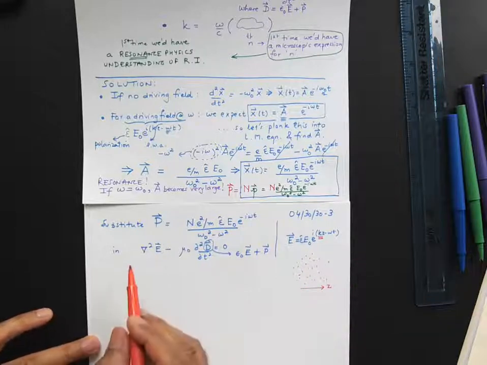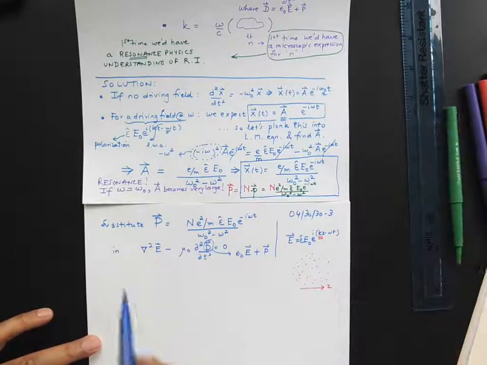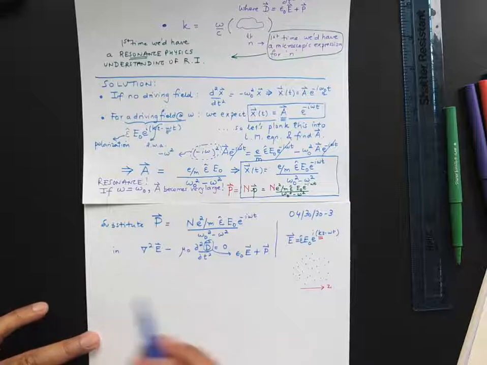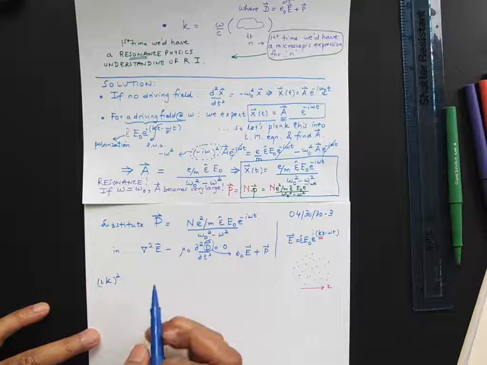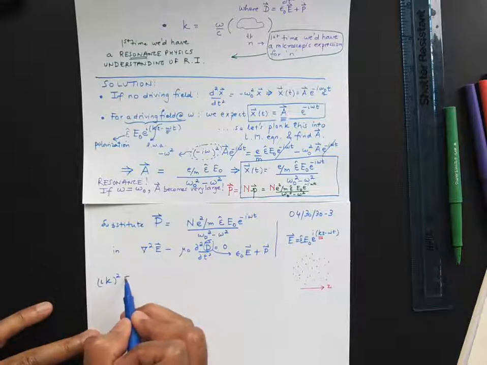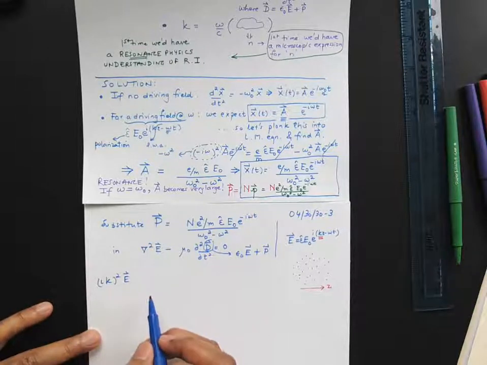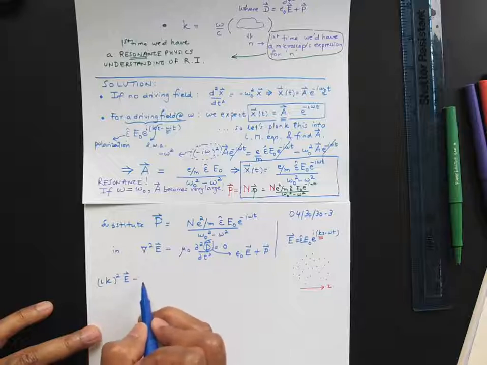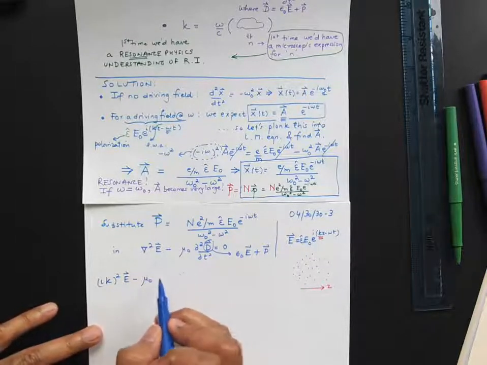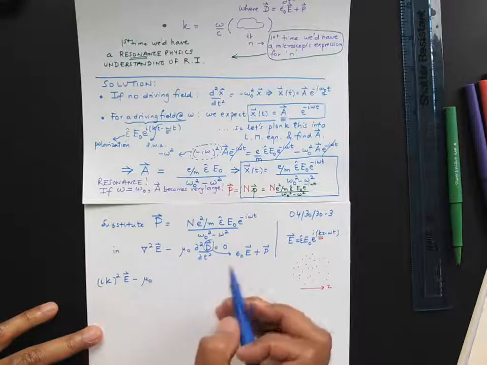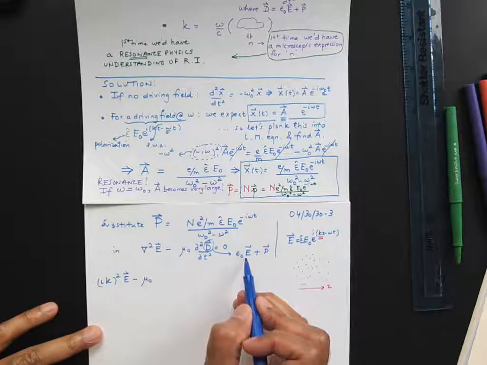When you take the double derivative with respect to space, you get the ik squared, and then the original electric field, minus mu naught, and there is a double derivative with respect to time of epsilon naught E. Let's do that one first.